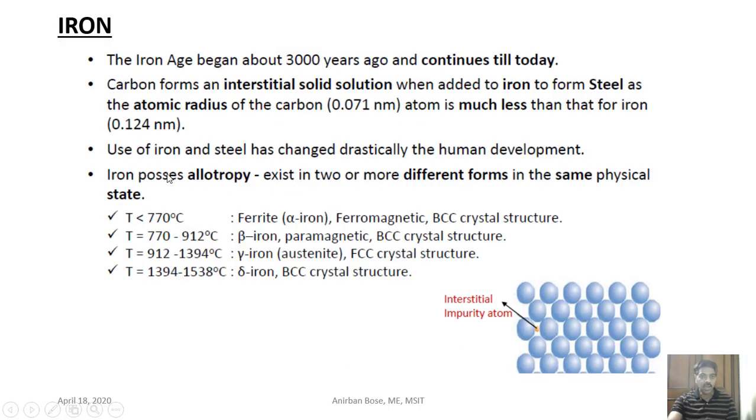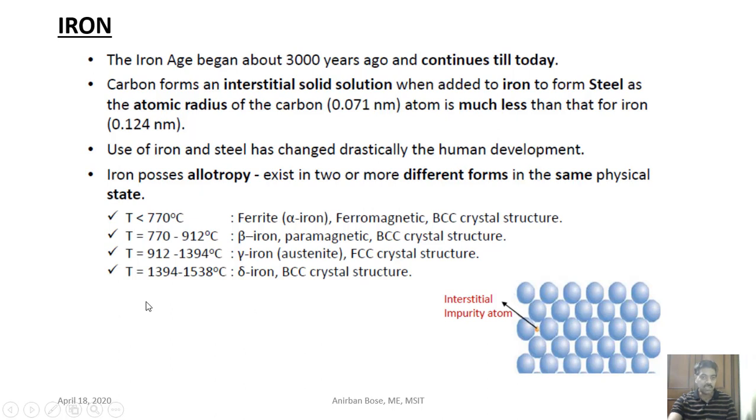Now coming to iron, we know that iron use started 3000 years ago and continues till today. Carbon forms an interstitial solid solution when added to iron to form steel. The atomic radius of carbon is very small, that is why carbon can go into the interstitial space within iron.